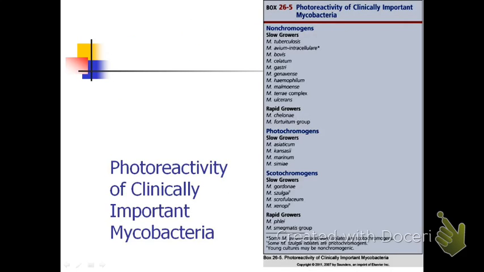And number one in our list for the slow growers would be Mycobacterium tuberculosis. This also includes other pathogenic species, the bovis, the ulcerans. So all of these are mostly pathogenic. Then we have the photochromogens, then the scotochromogens, and then the rapid growers.